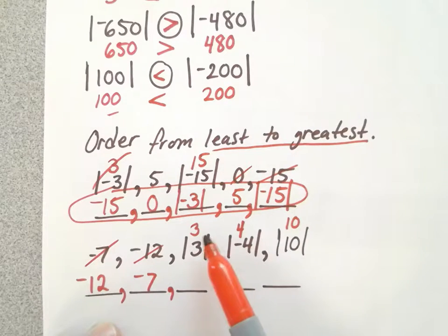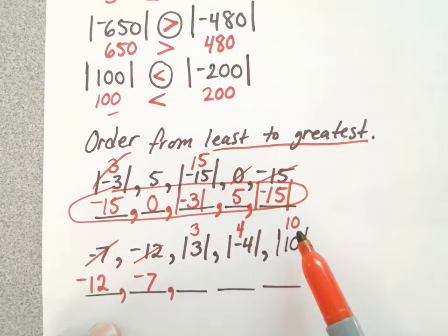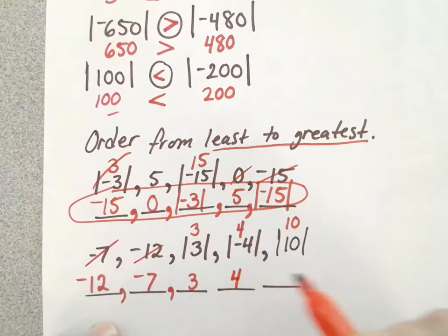Treat these like 3, 4, and 10 for a minute. Who comes next in order? Actually, it looks like it is in order. 3 would come next. 4 would come next, and 10 is even greater than that. It's the greatest number in the set. But be careful. Do you notice that these absolute value bars were on these 3 numbers in the set? They should also appear in my answer.